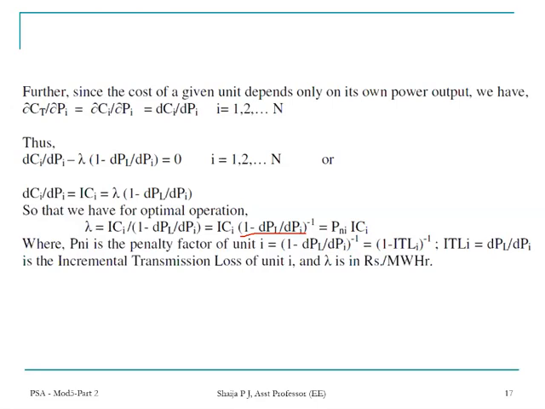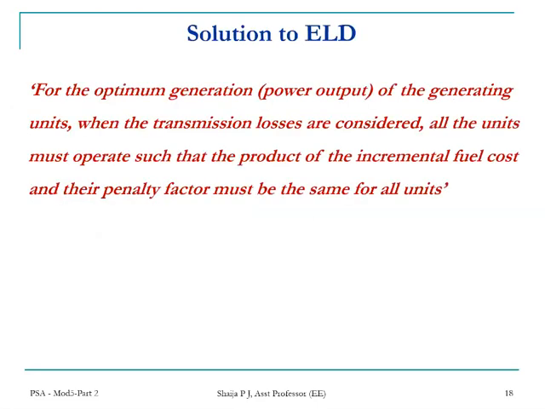So what is the conclusion? The solution to ELD: for optimum generation, when the transmission losses are being considered, all the units must operate such that the product of incremental fuel cost, ICi, and their penalty factor must be the same for all units.